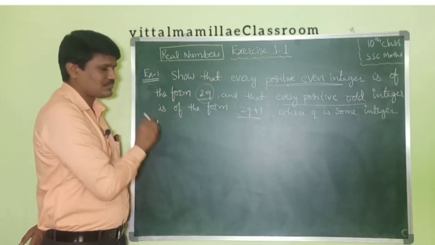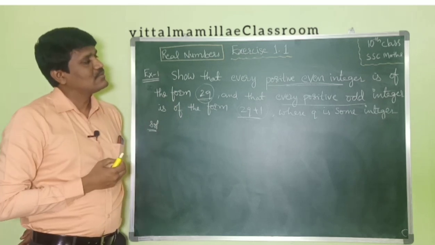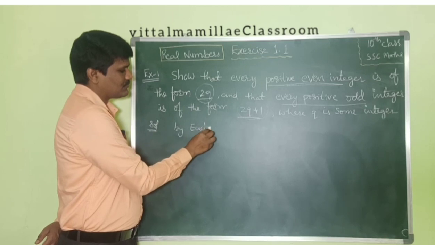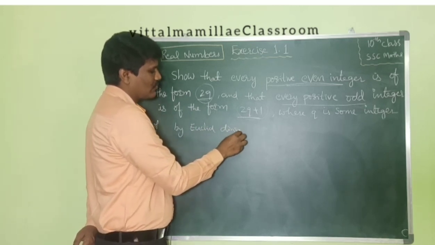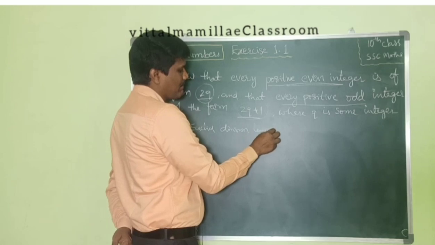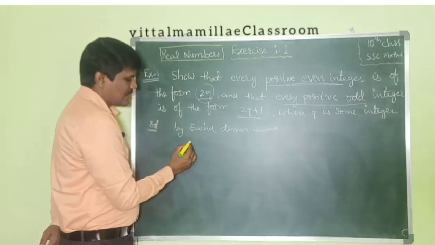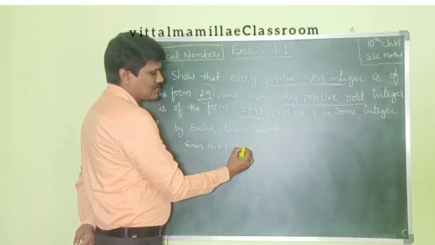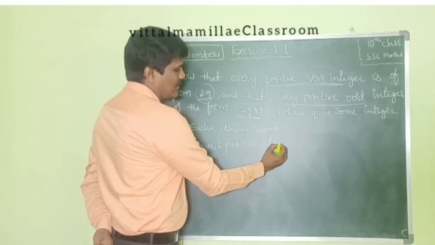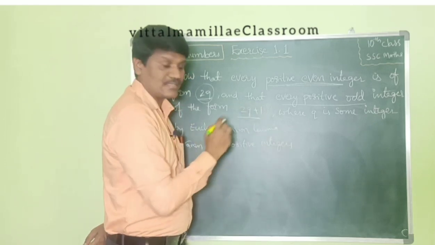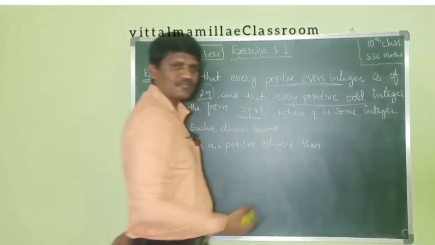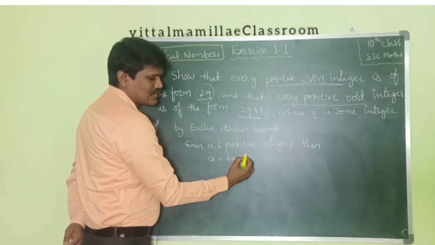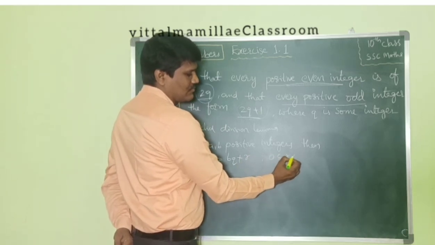The solution is, what is the Euclid division lemma? By Euclid division lemma, given a, b positive integers, then a is equal to bq plus r, and 0 less than or equal to r less than b.